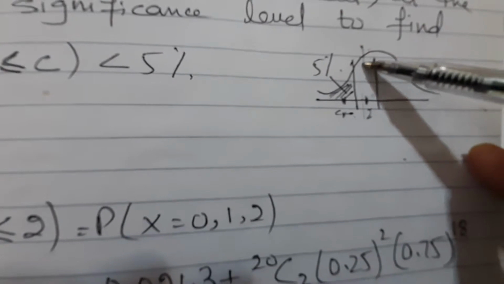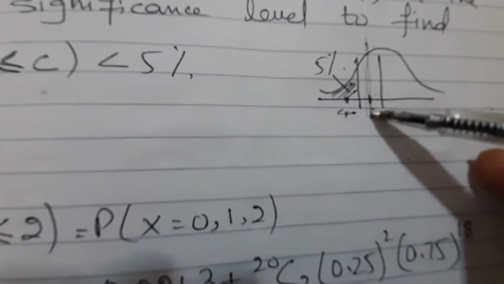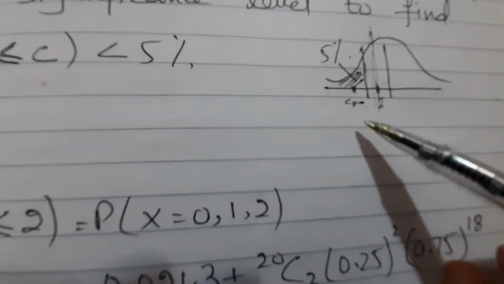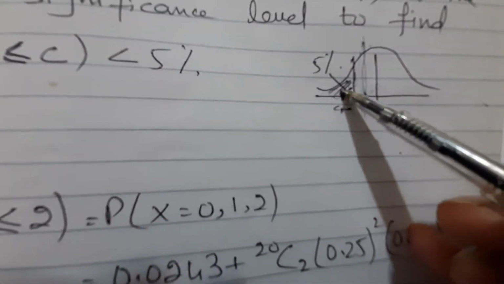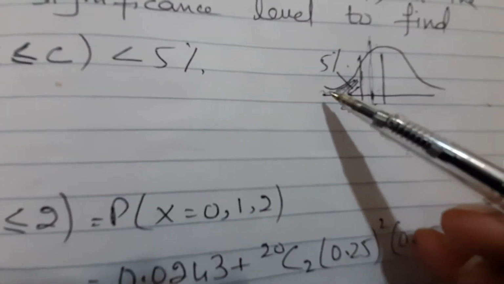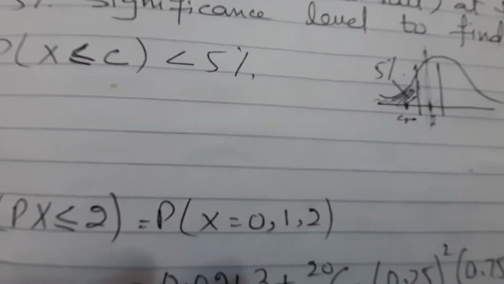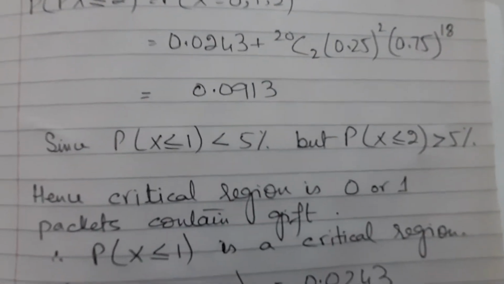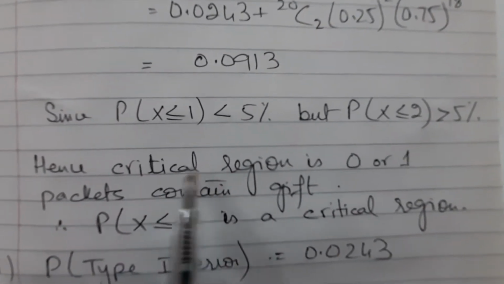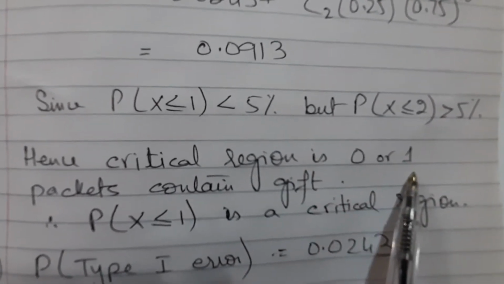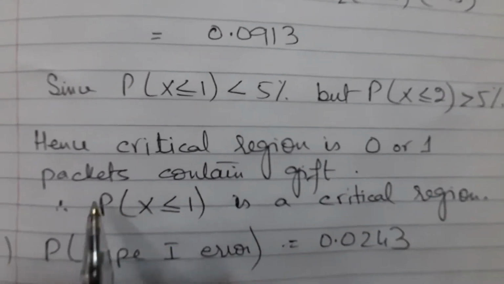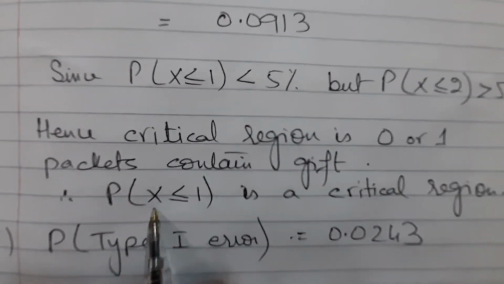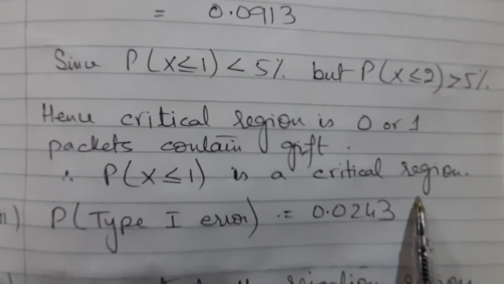So 2 is somewhere outside the critical region, which is why this whole probability is 9%, and 1 is somewhere inside, so this probability is 2.4%. Because the question was asking to find the critical region, I can say the critical region is 0 or 1. 0 and 1 packets contain a gift. So the probability of X less than or equal to 1 is the critical region.